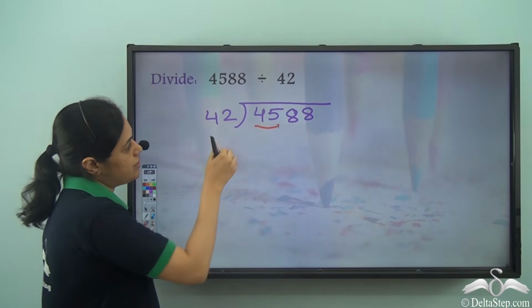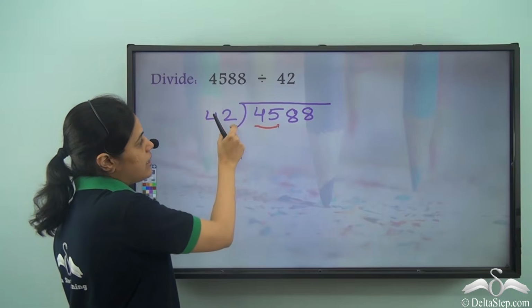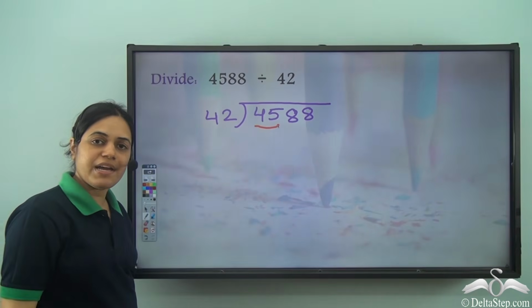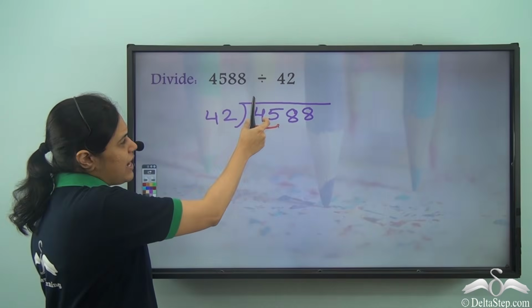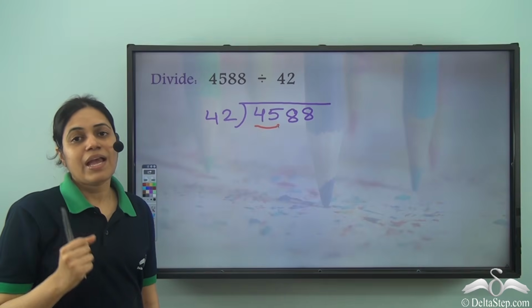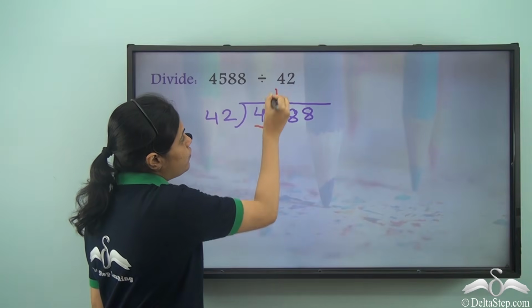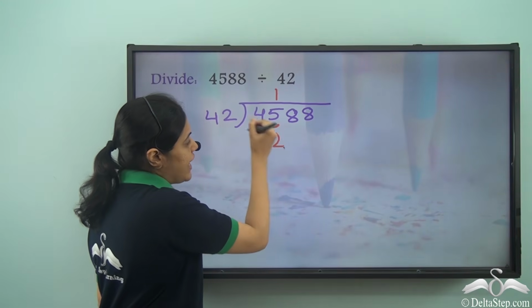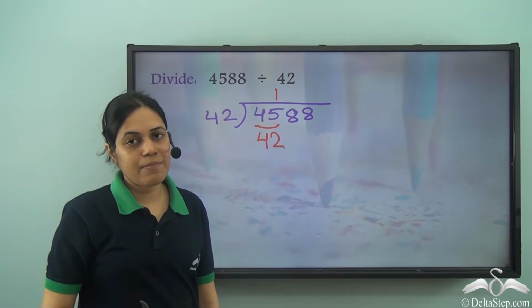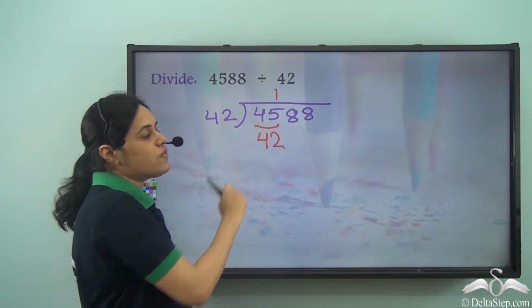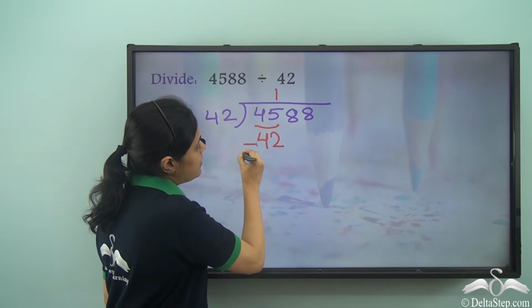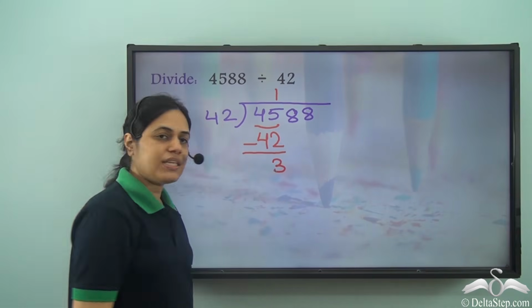Now, how many times does 42 go into 45? Now, 45 is very close to 42. And I know that 42 into 1 is 42. Any number into 1 is that number itself. So, 42 into 1 is 42. And I subtract it to get 3.